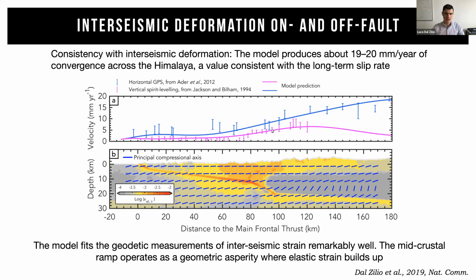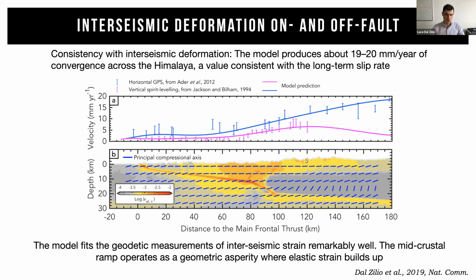The solid line represents the surface deformation, horizontal and vertical components, from this model that you can see below. We can match quite well the distribution of horizontal and vertical displacement.